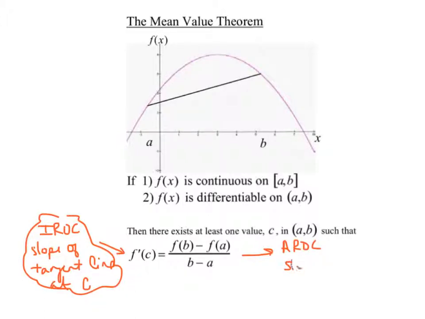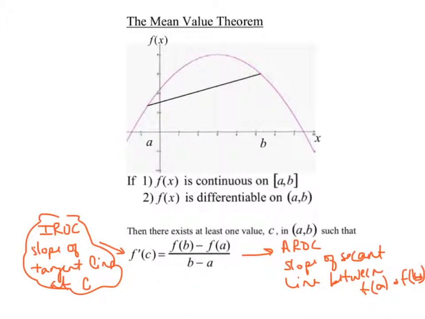It's the slope of the secant line connecting f of a and f of b. Here is my secant line that they have drawn in right here.